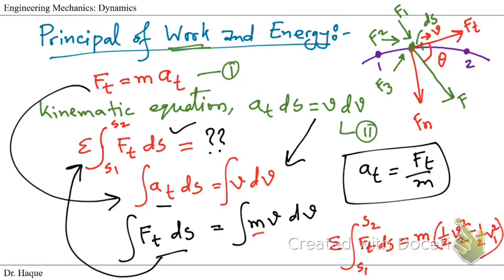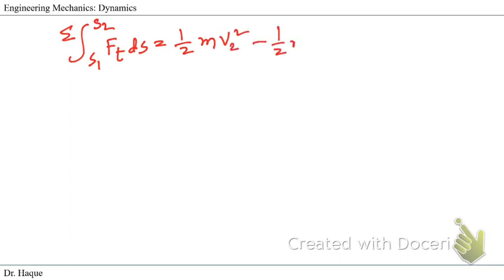Since we're integrating with respect to v, it will have limits of v1 to v2, and s1 to s2. If we simplify this equation, we will have on the left side the integral from s1 to s2 of Ft ds, and on the other side half m v2 squared minus half m v1 squared.